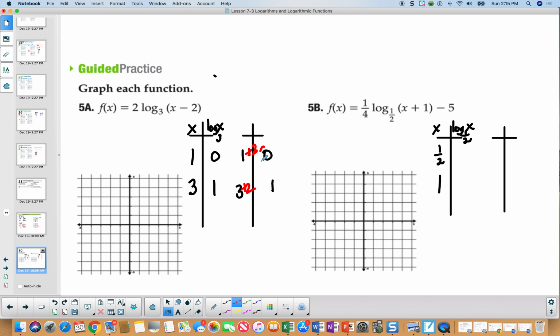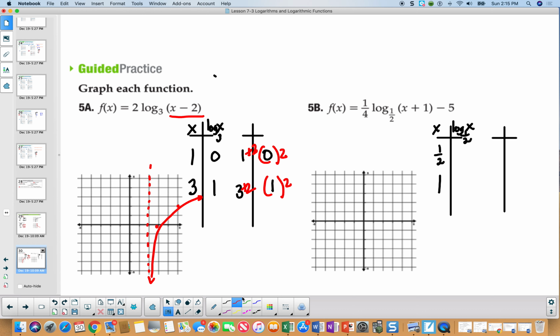And then here I'm going to multiply by 2. So this is going to be (3, 1), 1, 2, 3, (3, 0). And then this is going to be 5, and then up 2. Now remember that the vertical asymptote has been moved over 2 units. So I'm going to move it over. And then this graph is going to look something like this.